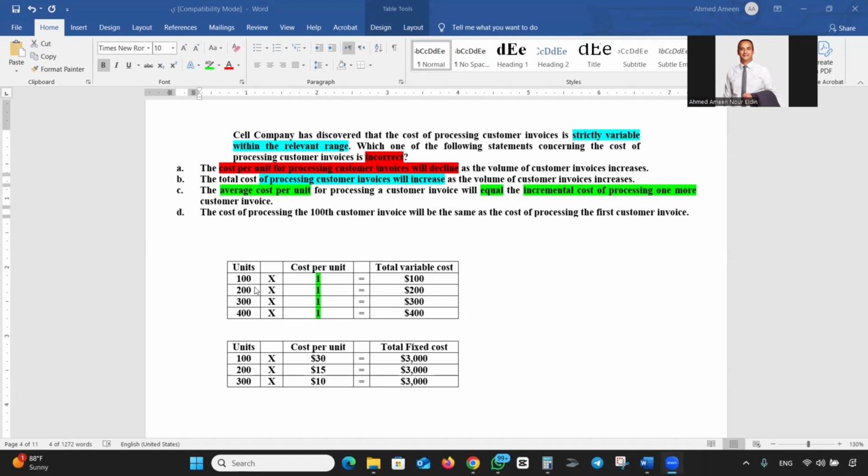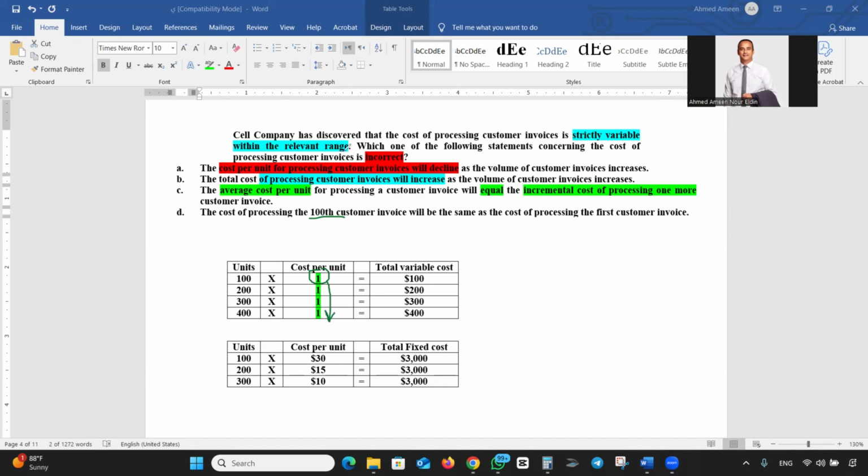D: the cost of processing the 100th customer invoice will be the same as the cost of processing the first customer invoice. Of course, the cost of processing any customer invoice will equal 1, because the cost per unit is $1 and it will remain $1 per unit.